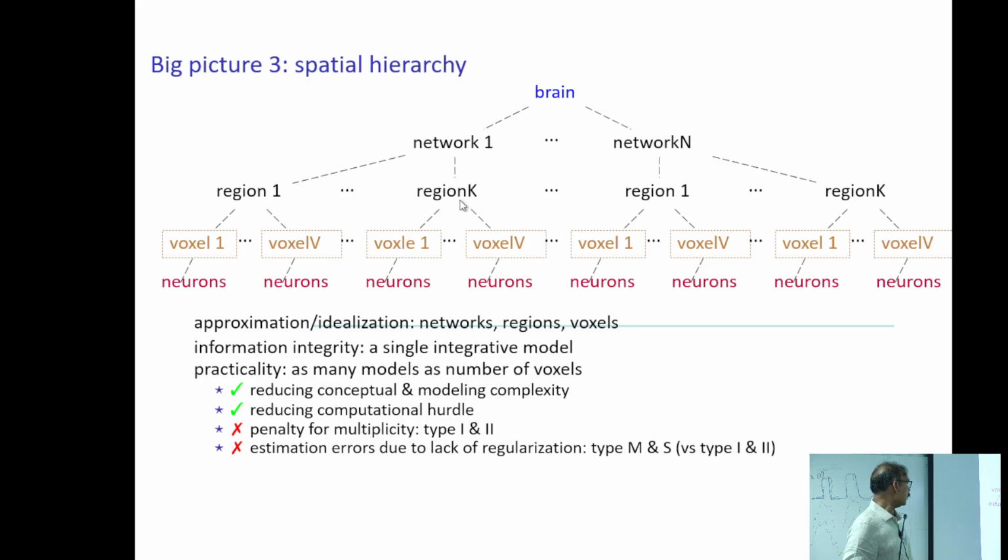And then again, here, the assumption we are making is that if in region one there are V number of voxels, then these are all neuronal, right? Which again may or may not be true, right? But for approximation, we can approximate.